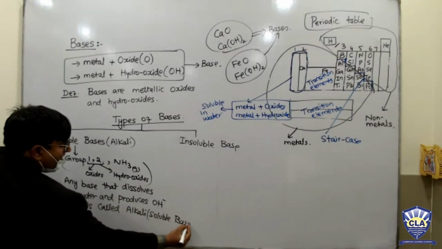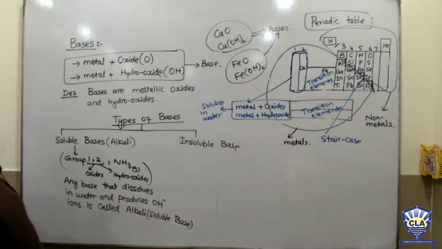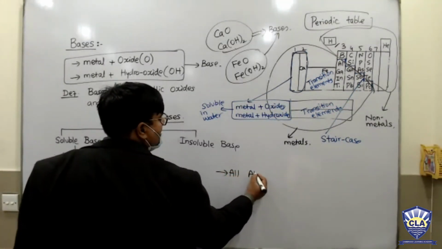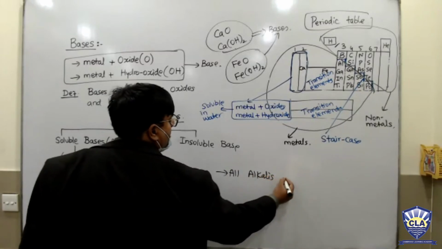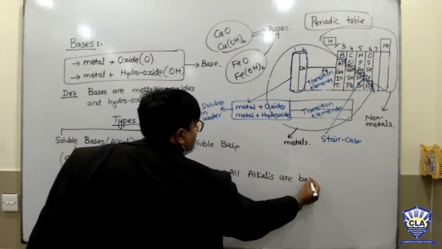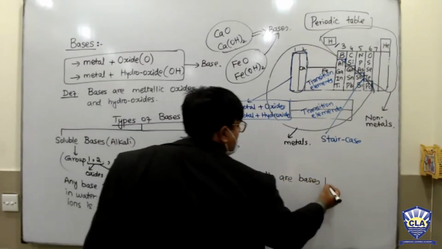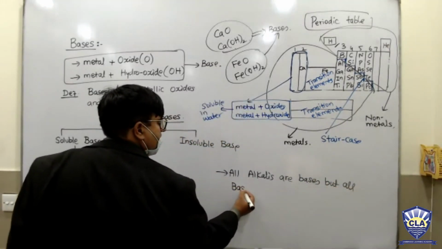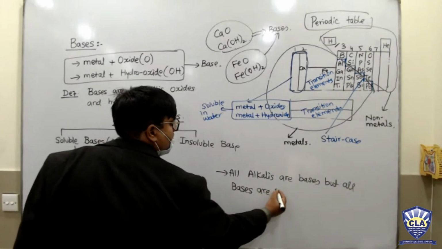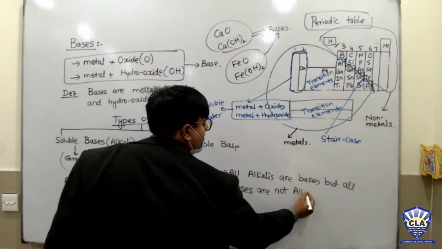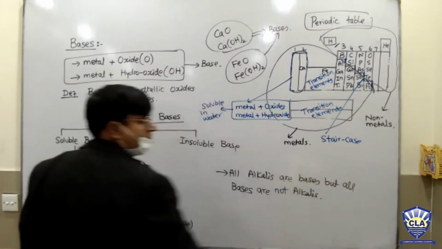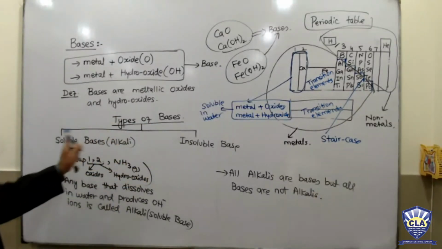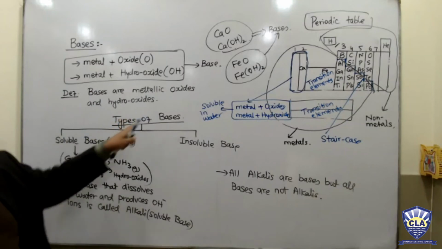So keep remembering, my dear students, I'm going to tell you one line: all alkalis are bases, but all bases are not alkalis. You got it? All alkalis are bases, because alkali is one type of base.